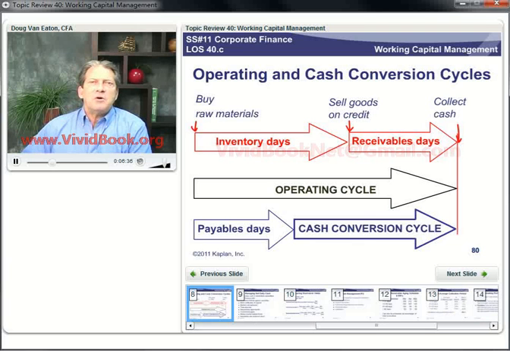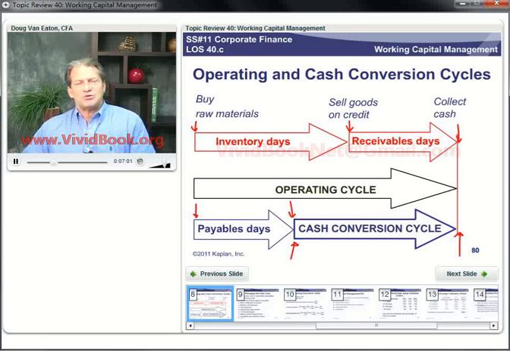Now, if we don't pay for the raw materials here, we buy them on credit and on average pay for them this many days later, then this is where we coughed up the cash, and this is where we got our cash back, collection on our receivables. So that's why we call this the cash conversion cycle. And as you can see, the longer we stretch out paying our suppliers, the shorter the cash conversion cycle.